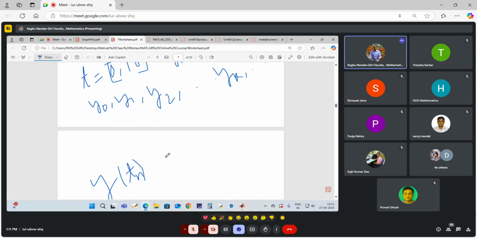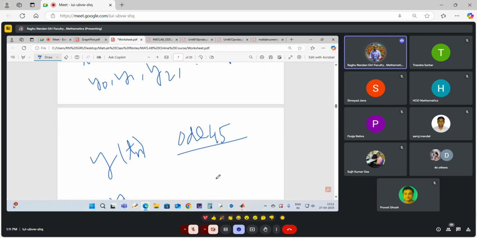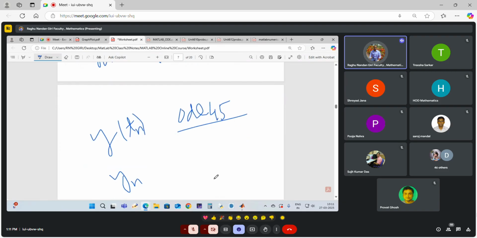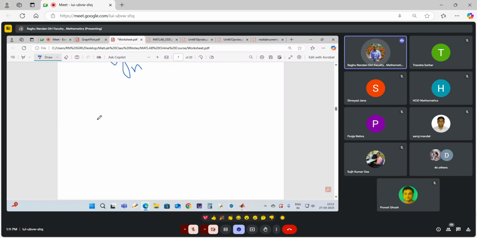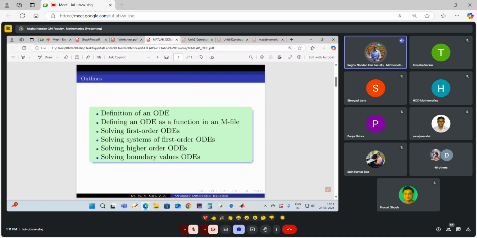For this there are several MATLAB techniques, but the frequently used technique is ODE45. ODE45 is basically based on RK methods, used to find the solution. So I come to the solution of any first order ODE.